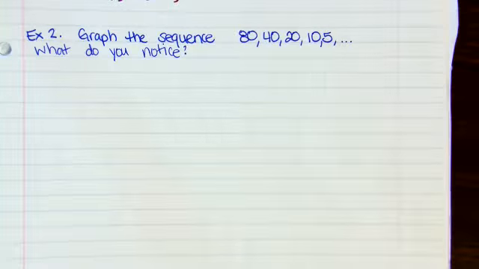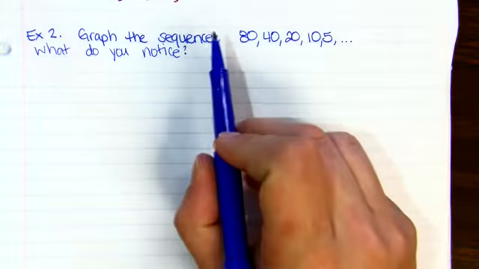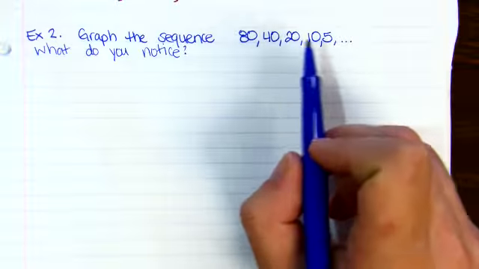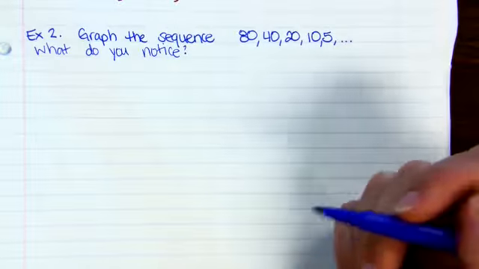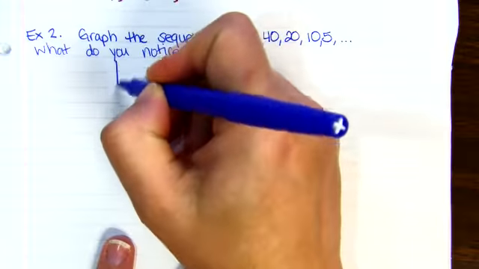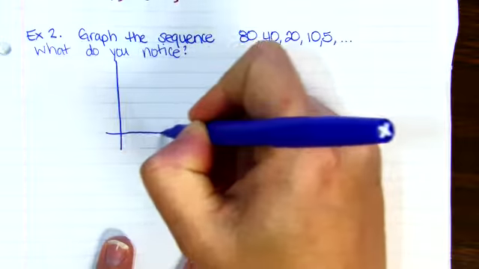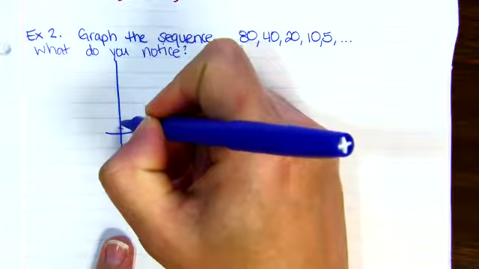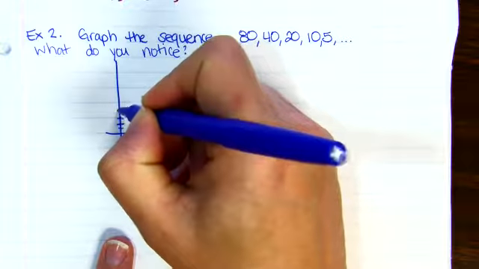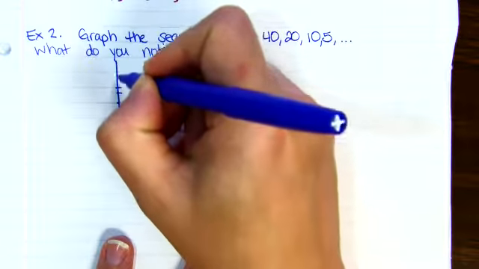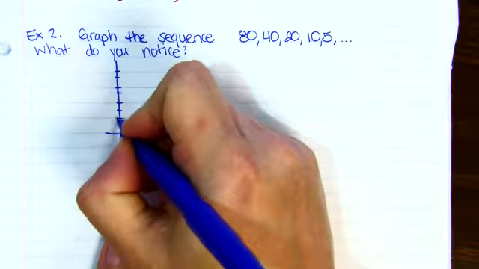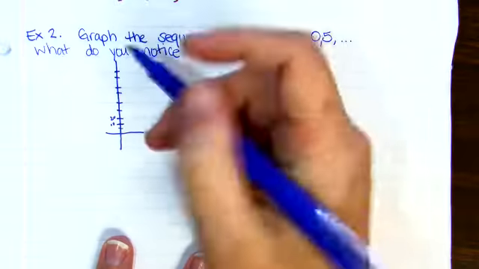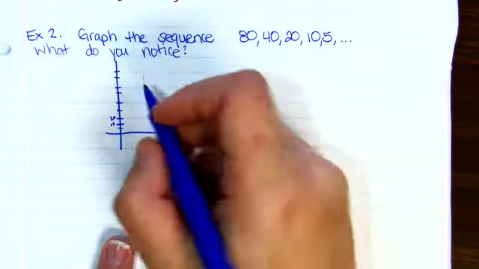Our next example has to do with graphing. So we want to graph the sequence 80, 40, 20, 10, 5, etc., and see what we notice. So I need to graph this. I'm only going to have positive numbers for my x and my y. Let's do 10, 20, 30, 40, 50, 60, 70, 80, because that would just be ridiculous to count all the way up to 80.